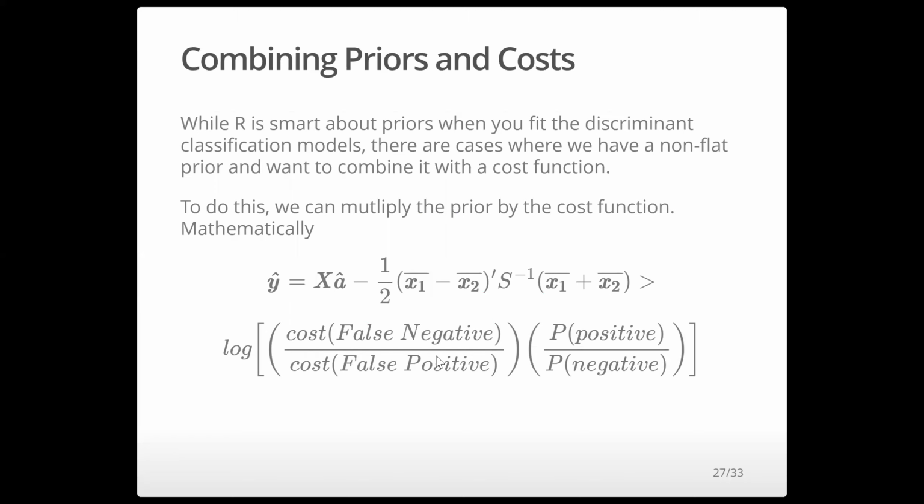The way we evaluate when we have both a cost function and an unbalanced base rate is we multiply the cost ratio by the ratio of the probabilities. You want the false negative to correspond to the probability of positive, and the false positive to correspond to the probability of negative. You could, of course, flip this around and do it that way.